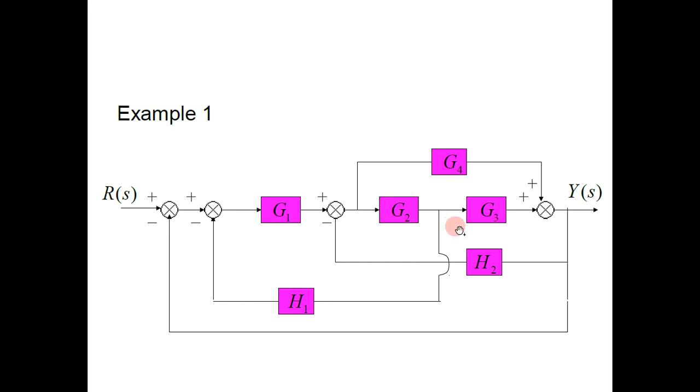Later, after cascading these two, G4 and G2, G3, these blocks are in parallel, so that we can add them. So my first reduction step is moving the H1 before the block G2, the second step is combining the blocks G2 and G3 that are in cascade, and next is combining the blocks that are in parallel.